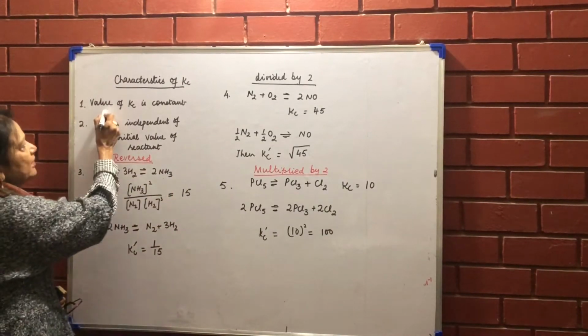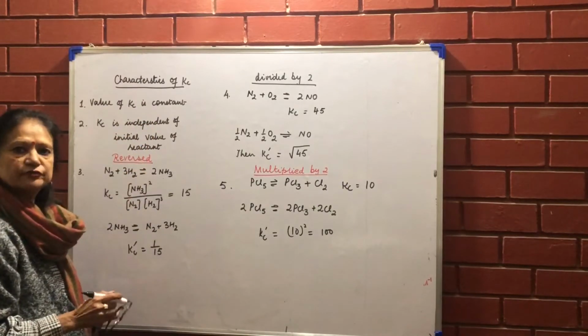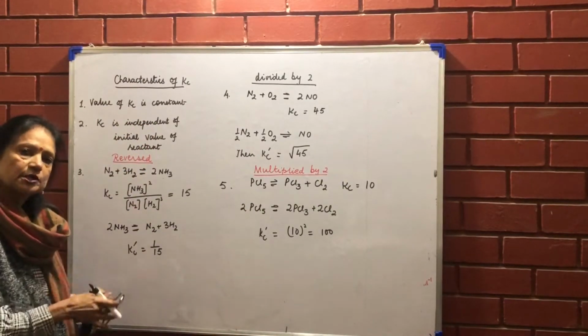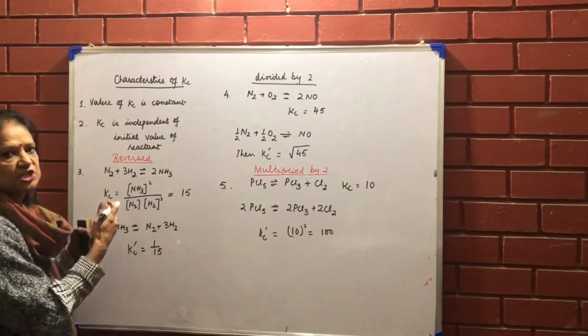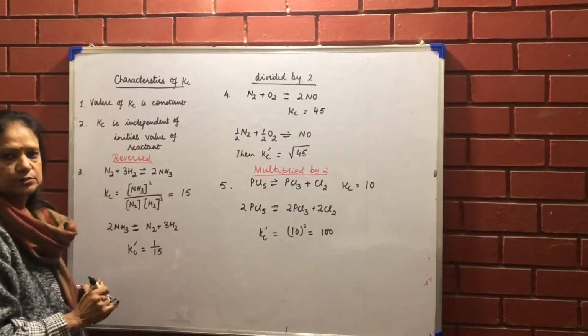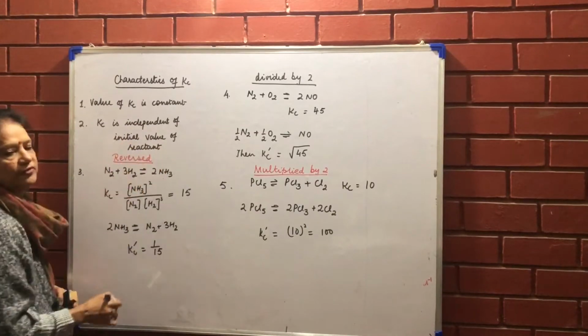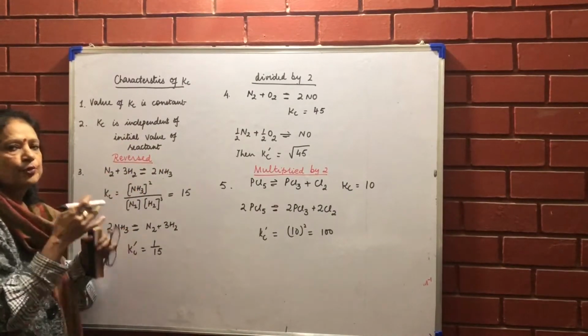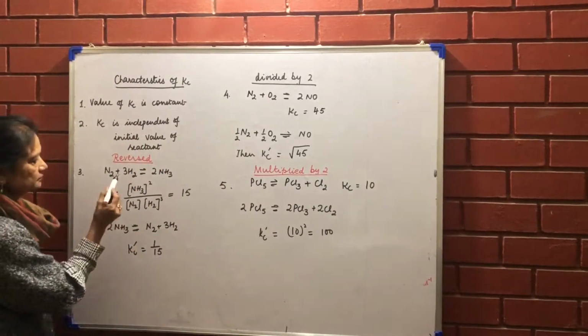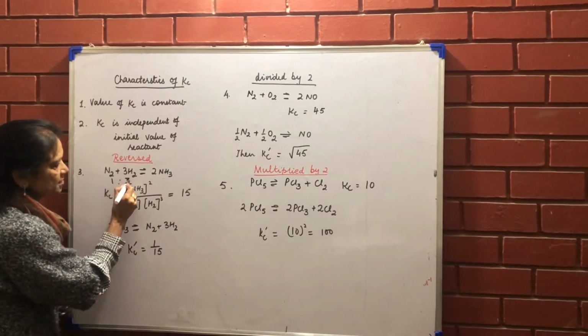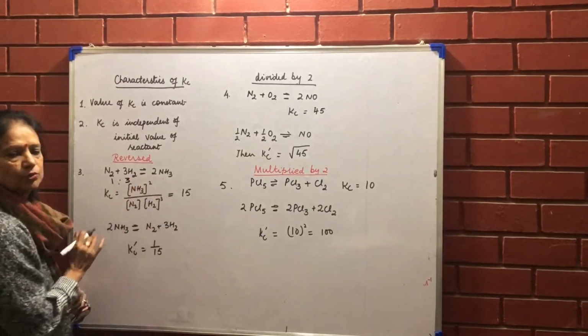Fine. The value of Kc is constant for a particular reaction at a particular temperature. If I keep changing the temperature, then the value of Kc will change. Kc is independent of the initial value of reactants. I need a 1:3 ratio here to make ammonia.